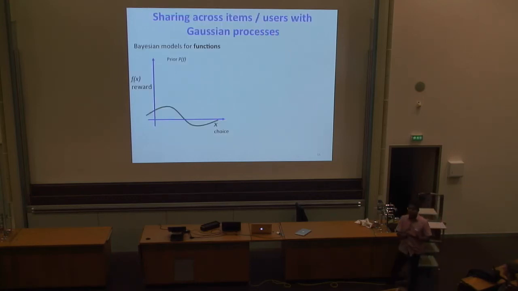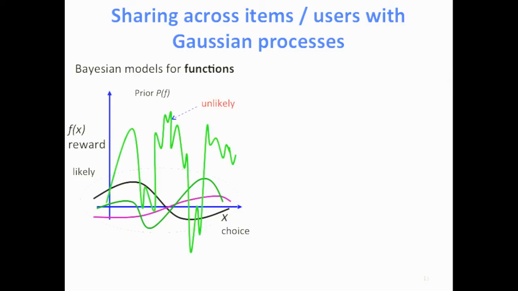So how we capture this is by the concept of Gaussian processes. Gaussian processes are distributions of functions, of reward functions in this case. So here we say that these are all likely functions because they are smooth over your choice, your space of choices, right? And this is unlikely because it varies wildly. But this is before any data was observed.